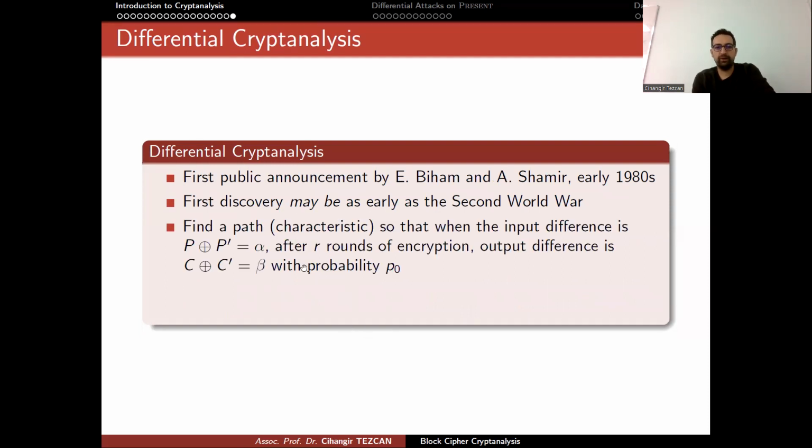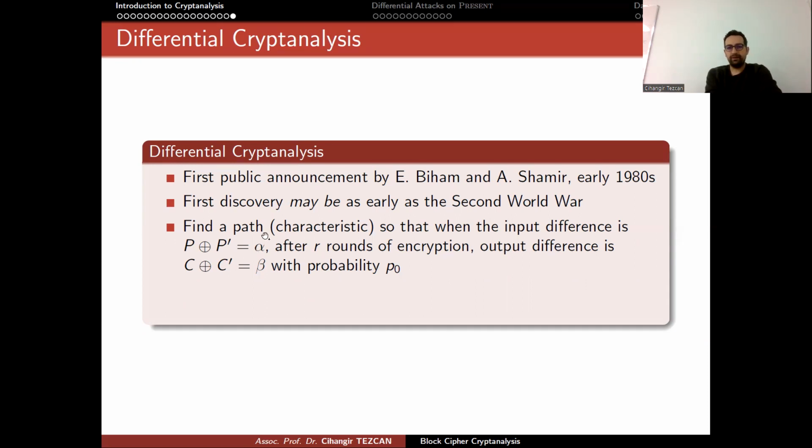Our aim is to find a path, sometimes called a characteristic, sometimes called a differential, depending on its type, so that when the input difference is P XOR P prime, where P is one plaintext and P prime is another plaintext, we know these plaintexts, so we also know their XOR, right?